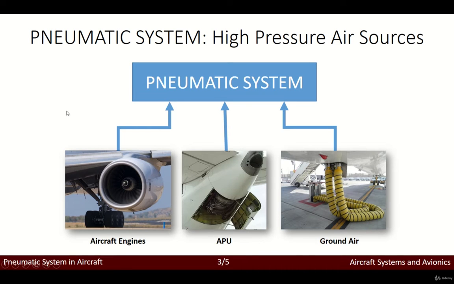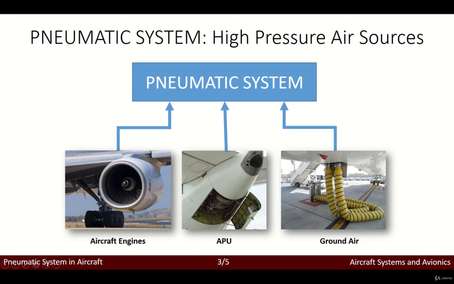So how do we obtain high pressure from the different sources of our aircraft? How can we actually get the air inside of an aircraft and have it be high pressure? If you think of where in an aircraft we would have the highest pressure values of air, you instantly think of the aircraft engines, because the engines are working at very high pressures.